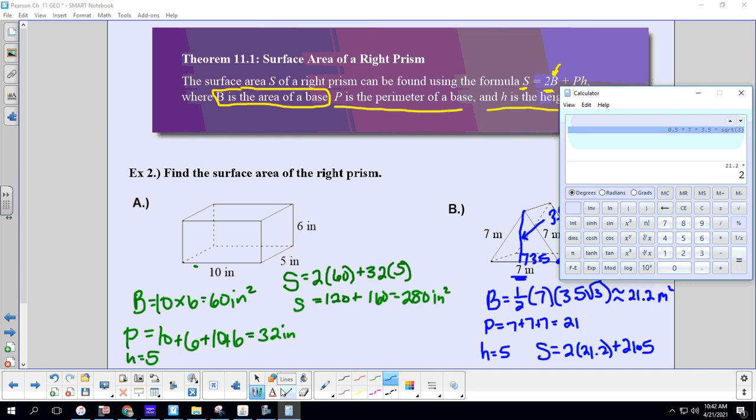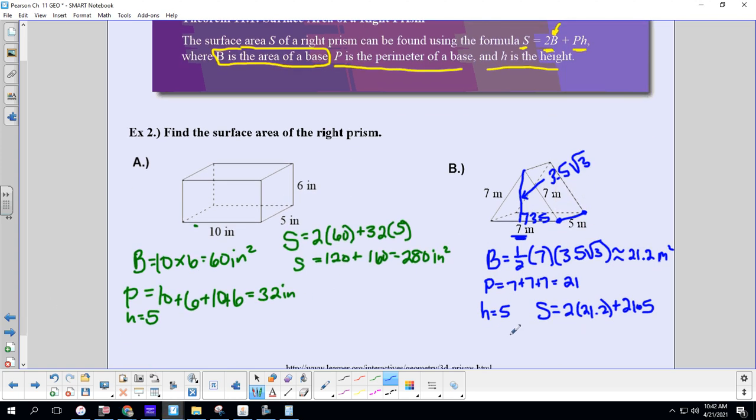Times 2 plus parenthesis 21 times 5. Close parenthesis. Equal sign 147.4, and that is an approximate amount because we did some rounding.